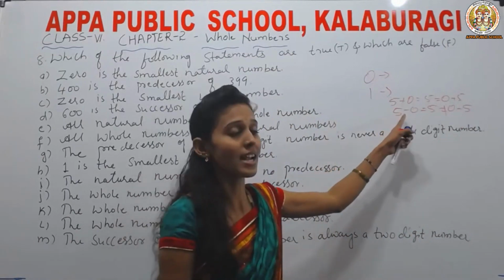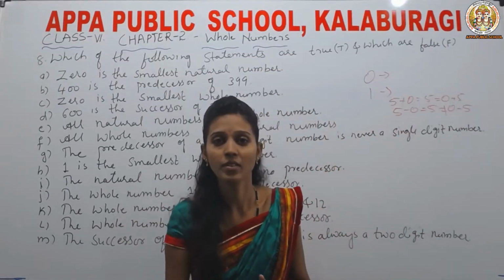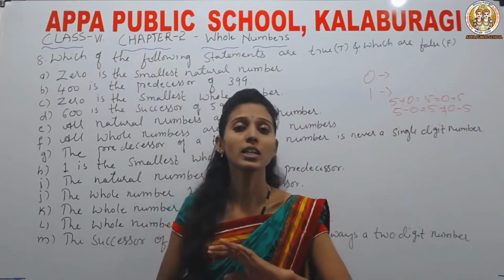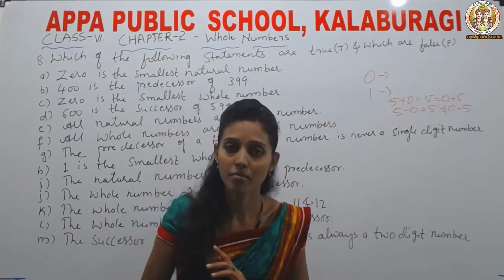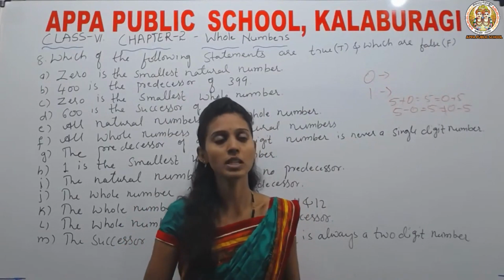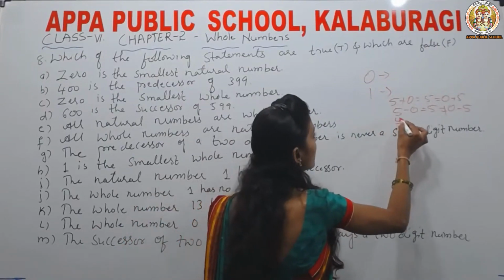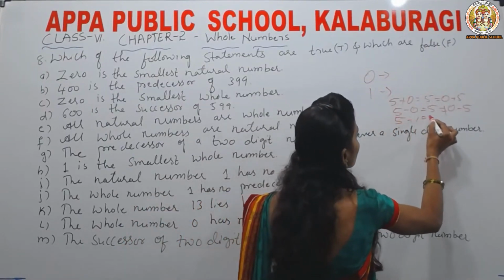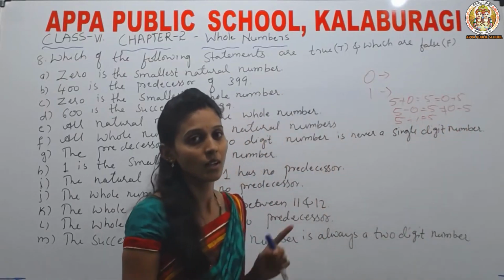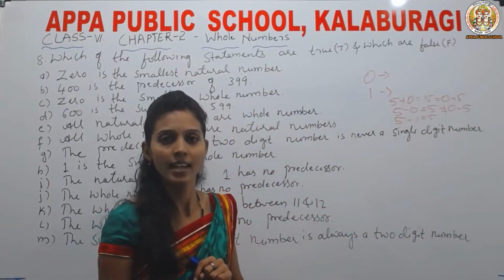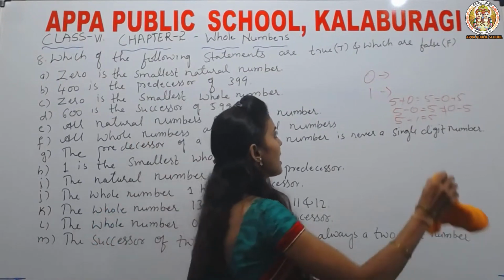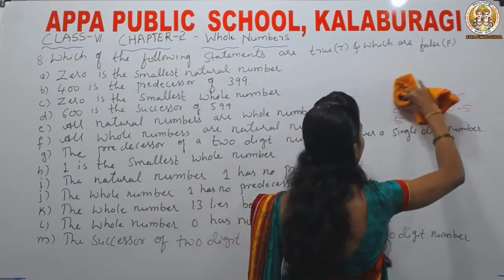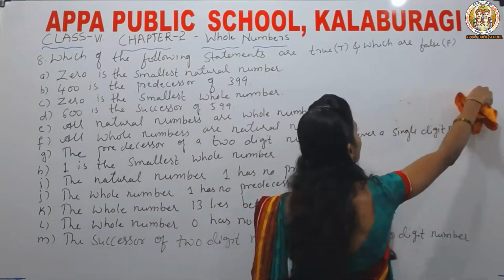No, it does not satisfy commutativity. That's why 0 is not a subtractive identity. 1 is the same thing. 5 divided by 1 is 5, but what about 1 divided by 5? It's not equal to 5, right? Got it?